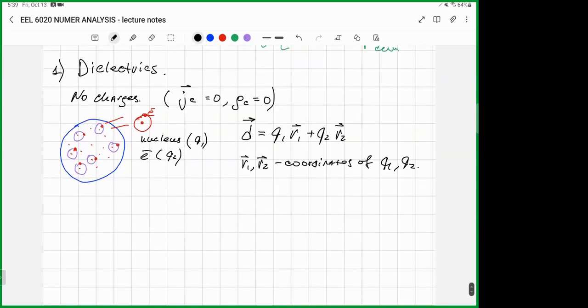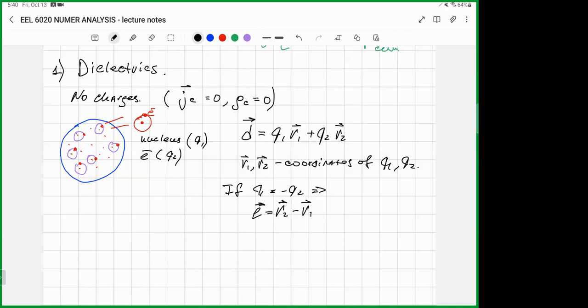Okay, so for the system that we draw on the left, Q1 equals minus Q2. If Q1 equals minus Q2, then we come to this typical definition of the dipole moment. If we also introduce the dipole shoulder L, which is equal to R2 minus R1, right?